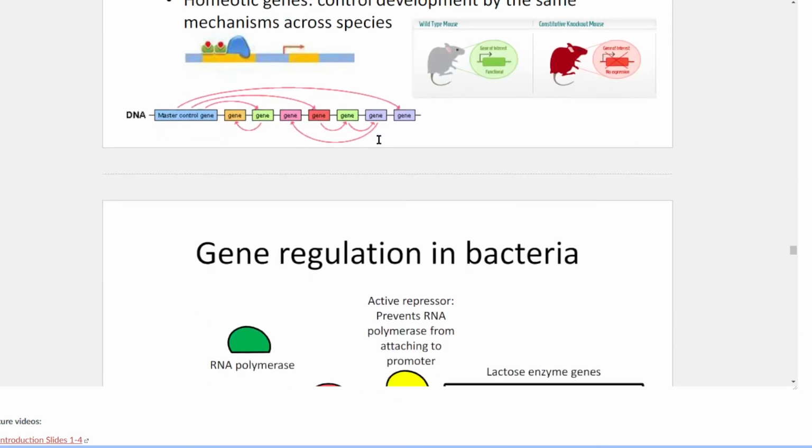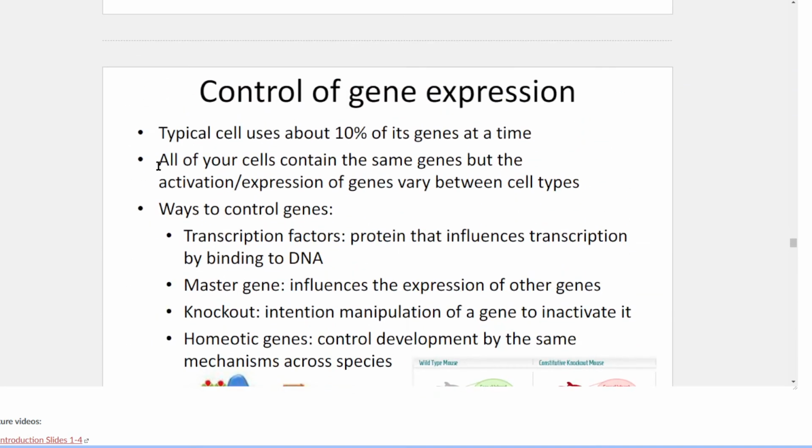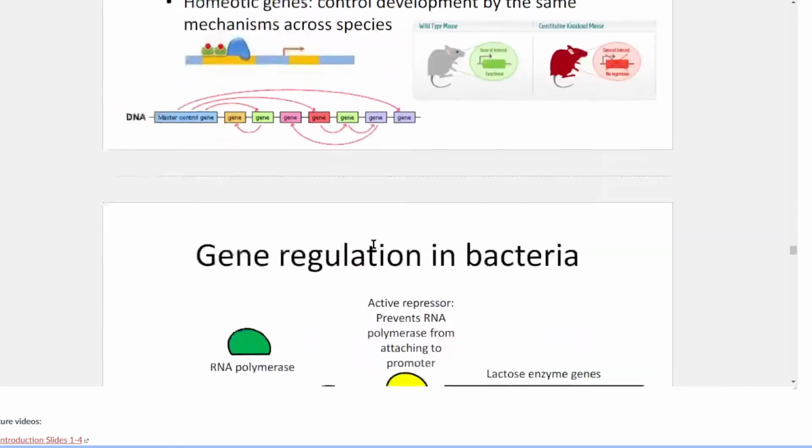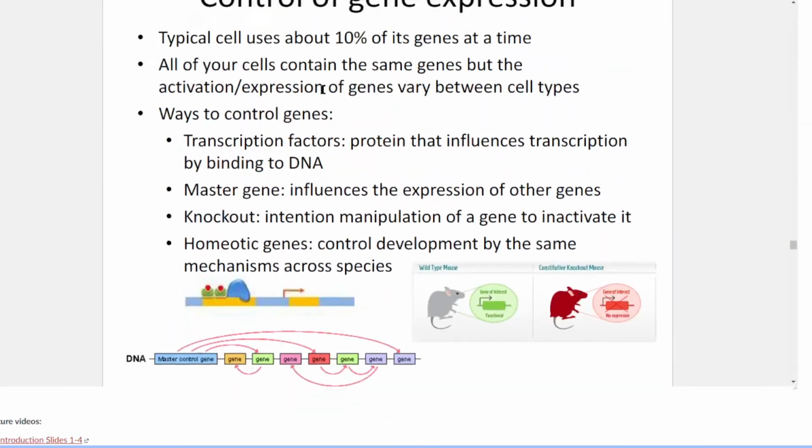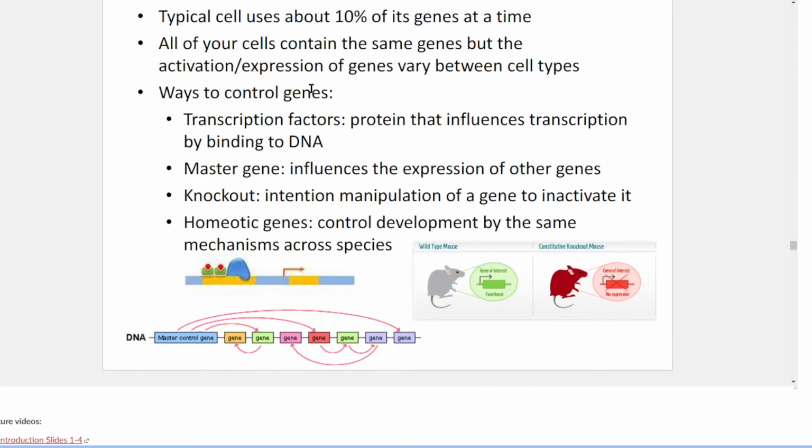So we're never using 100% of our genes. The same genes, but activation. Remember stem cells? They turn off their genes to become specialized. Ways to control: we have transcription factors, proteins that influence transcription by binding to DNA. Transcription is DNA to RNA, so by not allowing the mRNA to form, we can stop it.